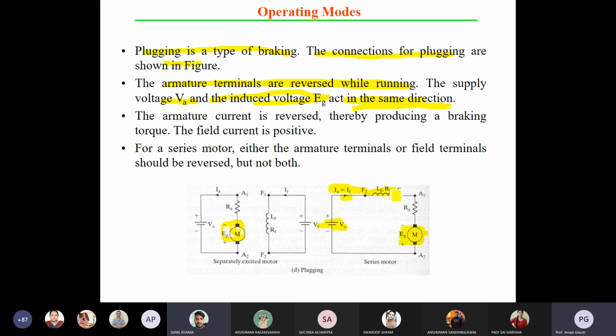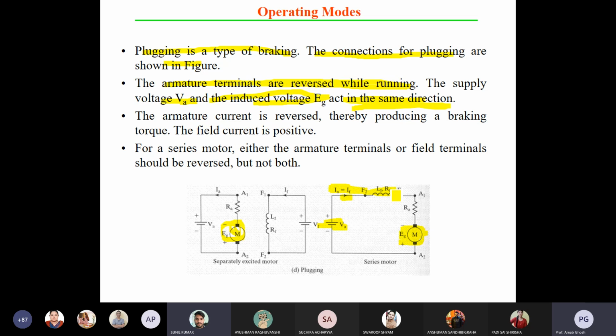The magnetic field of your machine is already energized by the source. That field winding is there, so current is magnetizing the field, as well as flowing through the armature winding.